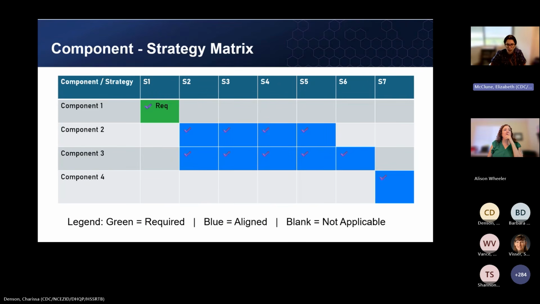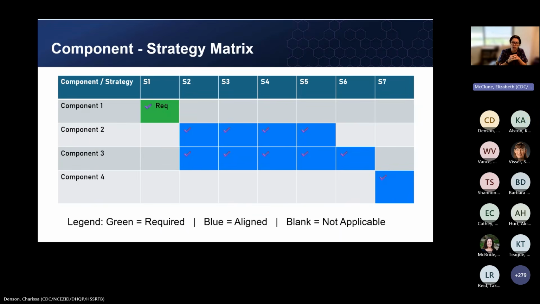Again, we've discussed the program components, and we are going to focus on the strategies and activities that are meant to support implementation. The strategies provide a framework for how recipients will achieve the goals of each component and will translate the objectives into action. As you develop your application, it's really important to align your proposed activities with the strategies associated with the component or components you're applying for.